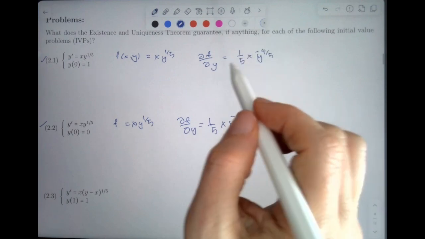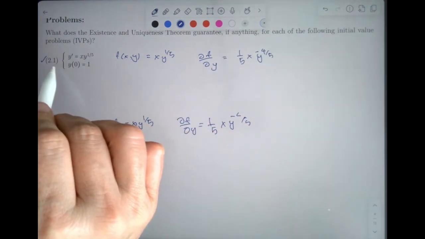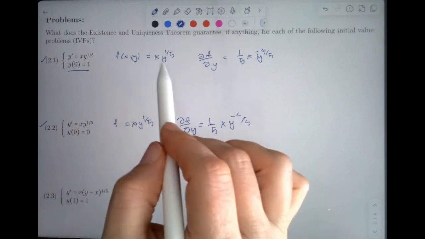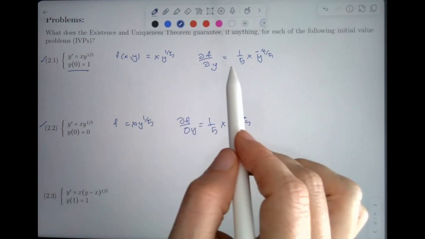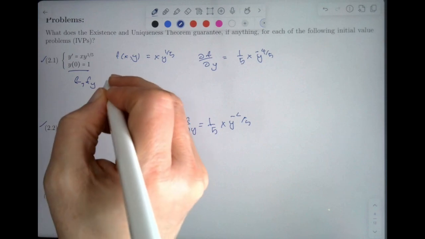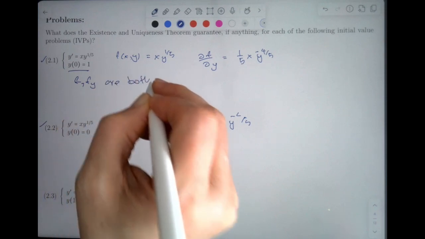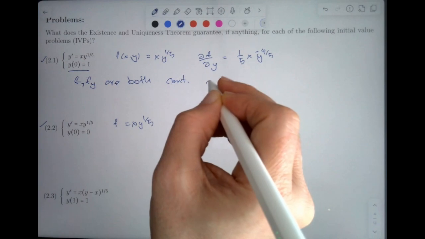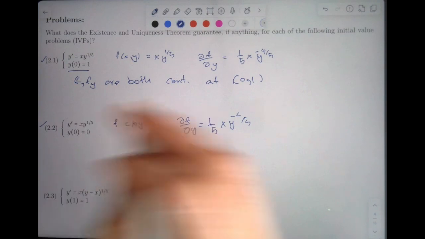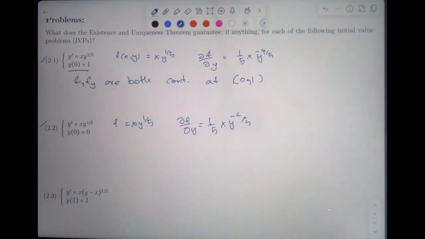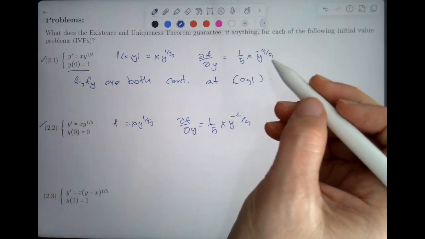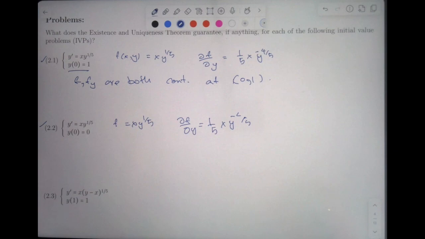So the question is, first for this part, if I plug in 0 and 1 for x and y in these two functions, f and f sub y are both continuous at 0 and 1, right? Because they are elementary functions. Then I need to know if they are continuous in a neighborhood.